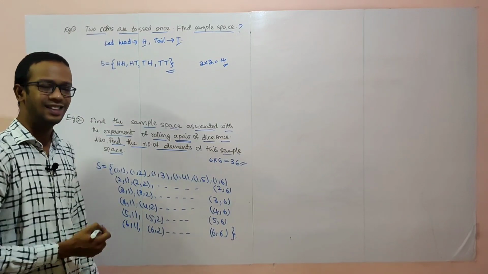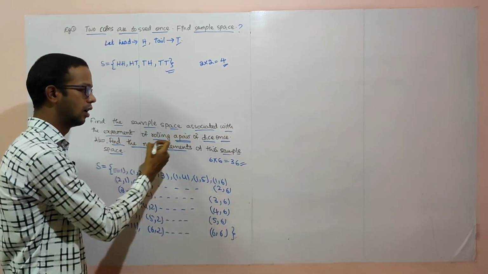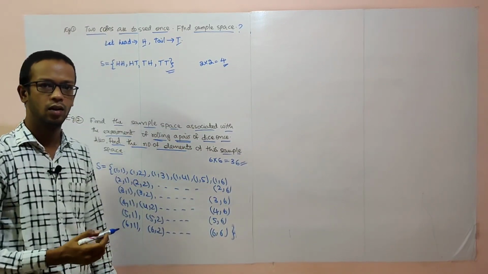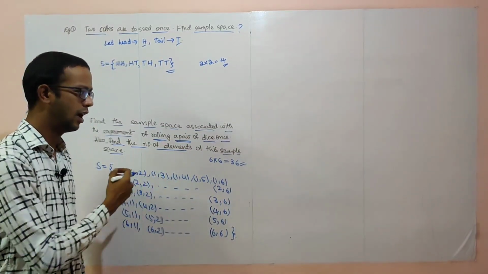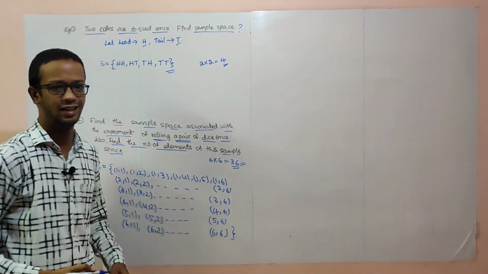So this is the sample space of an experiment rolling a pair of dice once. The total number of outcomes is 36.